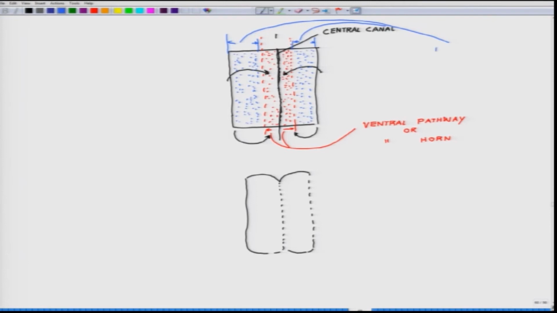This is called dorsal pathway or dorsal horn, right. So, we introduce three new terminologies.